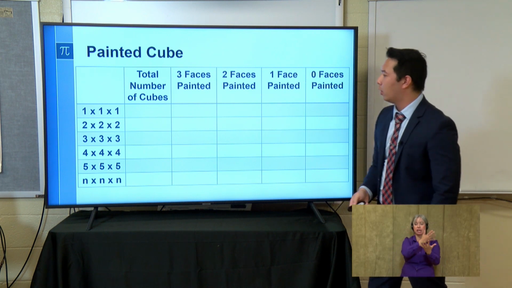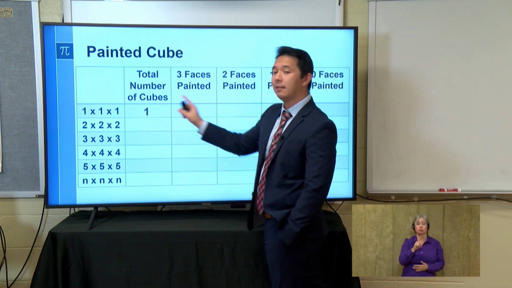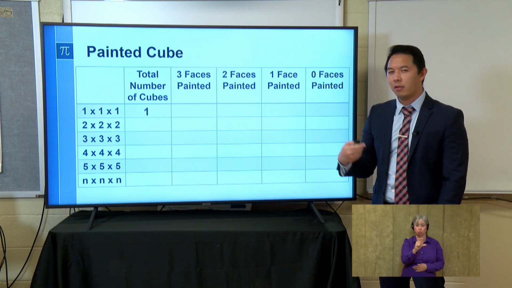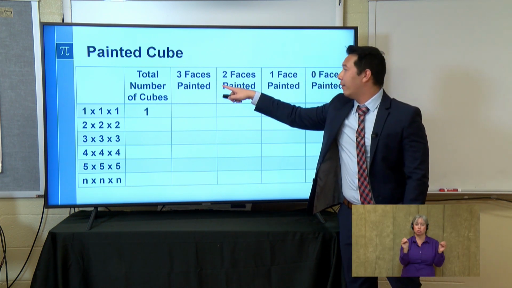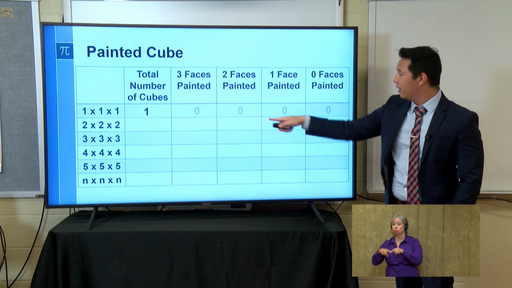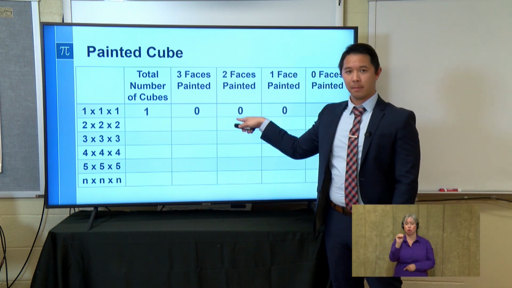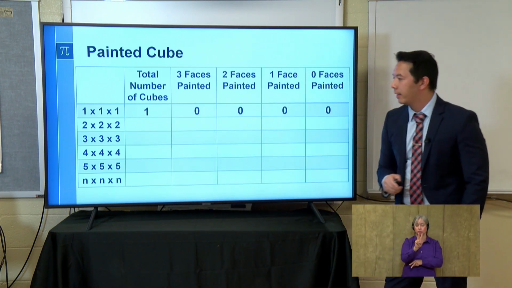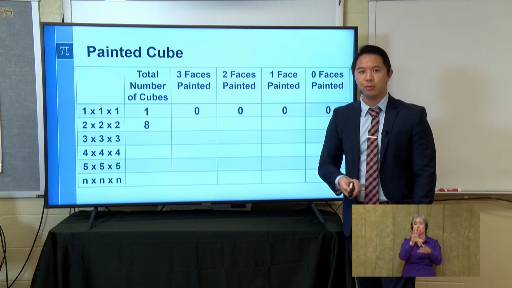So if I looked at case 1, here we're only looking at a single cube. And if I cover that entire cube in paint, then there's no way for it to have just 3 faces painted, just 2 faces painted, 1 or none. So I'm going to fill this in with zeros. The 2 by 2 by 2 case that we looked at previously on that last slide has a total of 8 cubes.